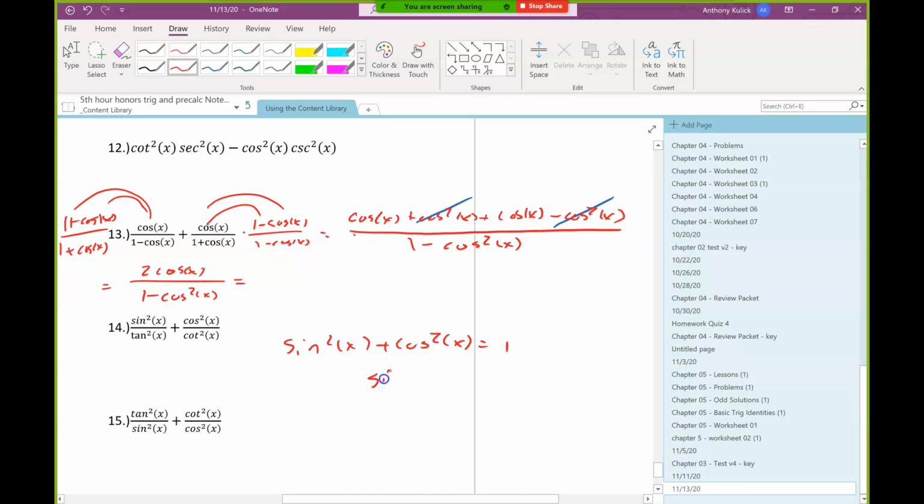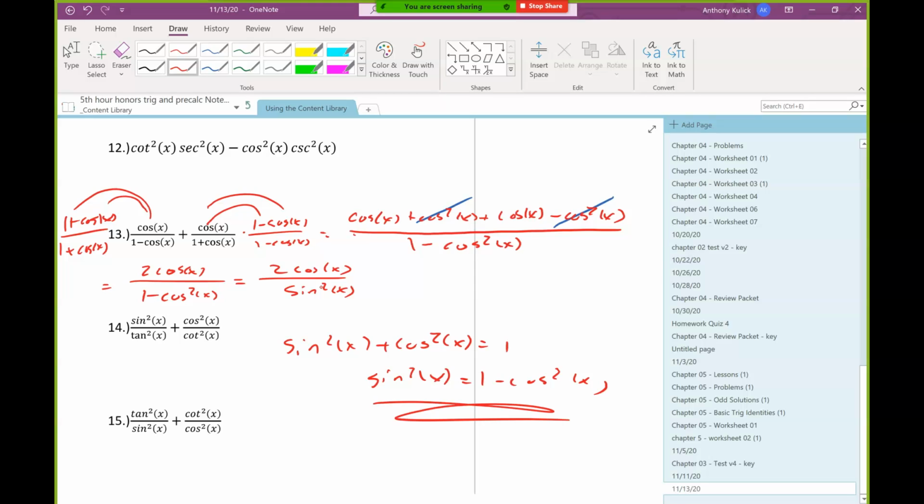If I subtract cosine squared from both sides of that identity, I get that sine squared is equal to 1 minus cosine squared. So that's what I'm going to use here. You okay with that? Okay.